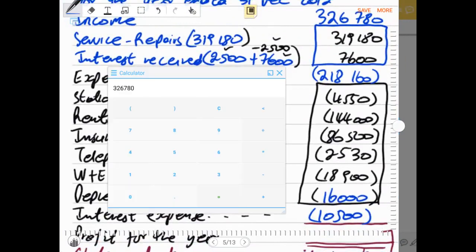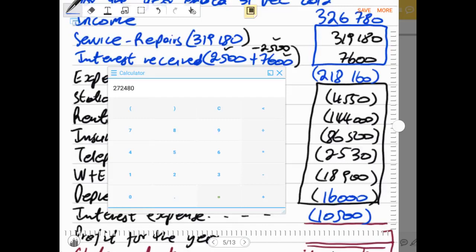Let me just confirm these expenses. Our expenses 4,550 plus 144,000 plus 86,500 plus 2,530 plus 18,900 plus 16,000. This is 272,480.